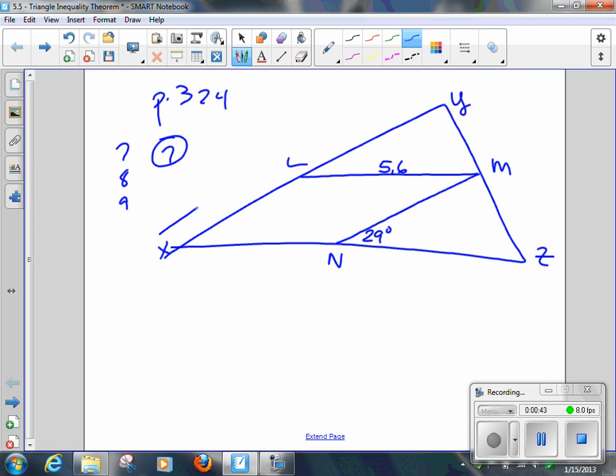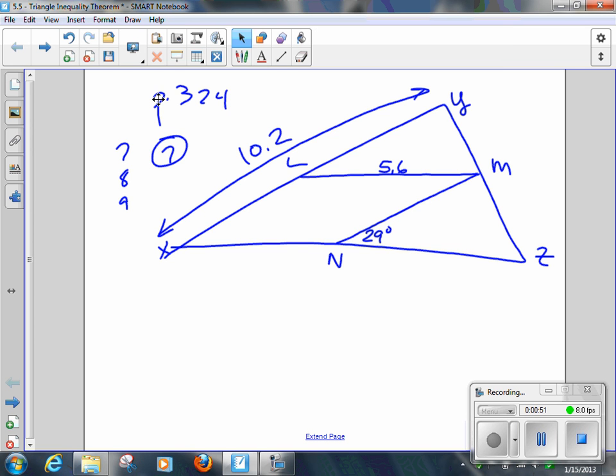And this whole thing right here is 10.2. Is that right? All right. And the marks show that this is congruent to this, this is congruent to this, this is congruent to that, right? Now, number 7 says we've got to find the measure of YXZ.